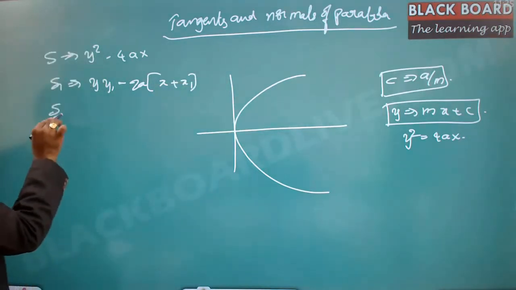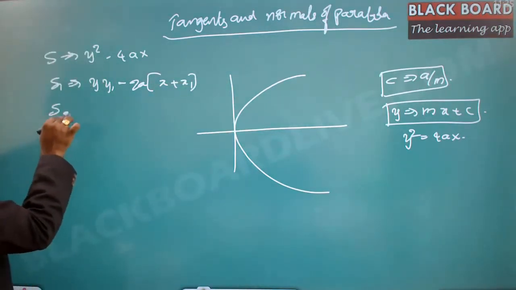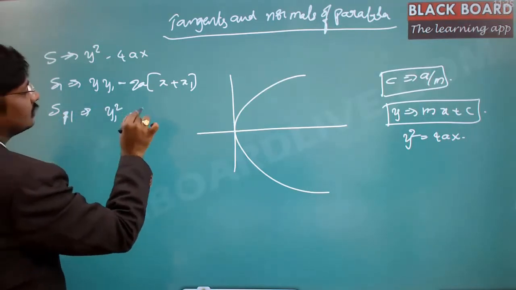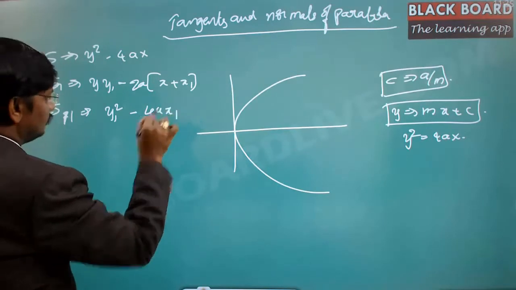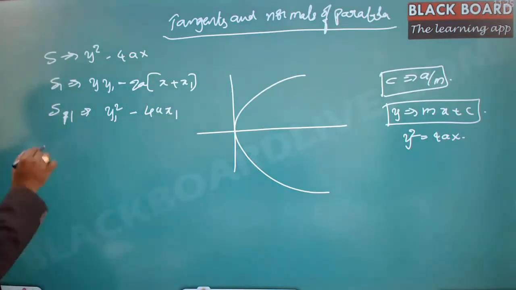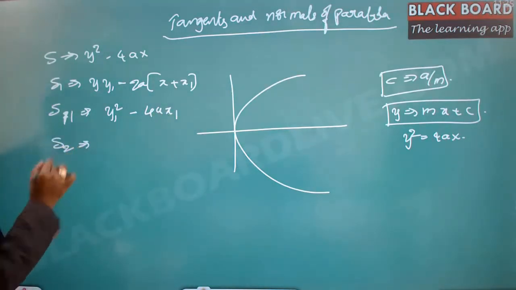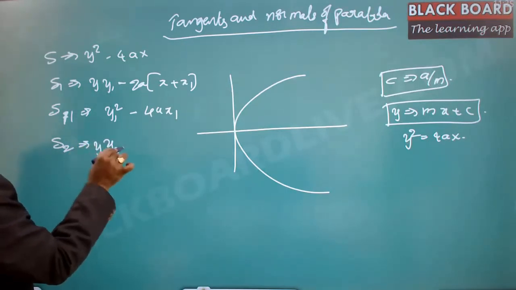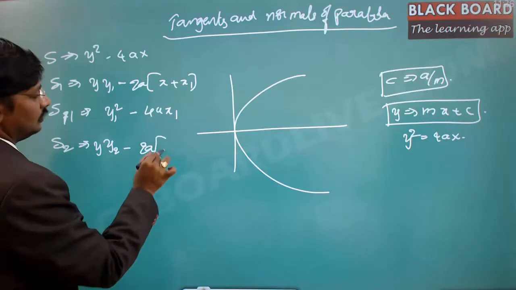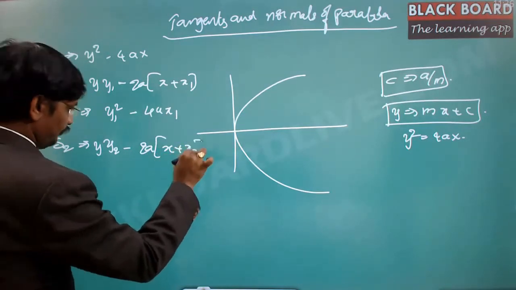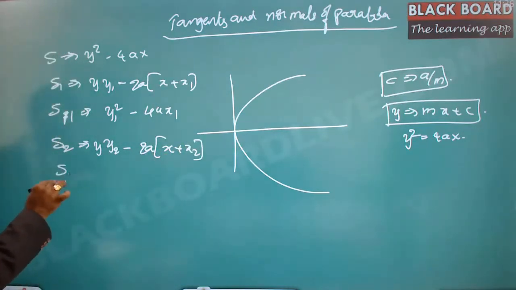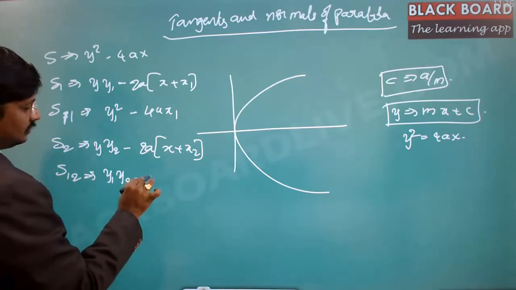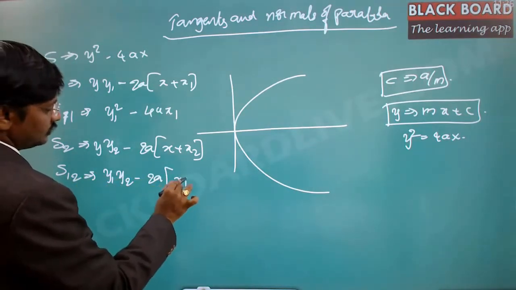And then S11 is nothing but y1 square minus 4ax1. So this is S11. Now S2 can be treated as y2 y minus 2a into x plus x2. Similarly, S12 can be treated as y1 y2 minus 2a into x1 plus x2.